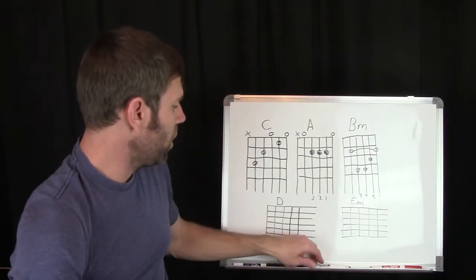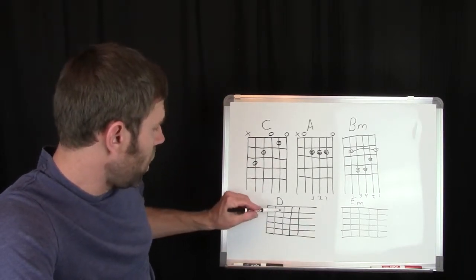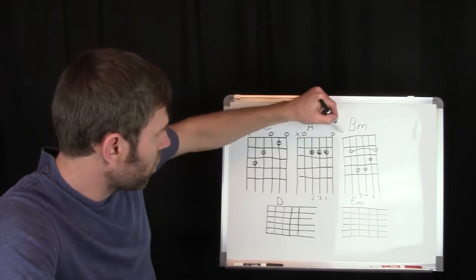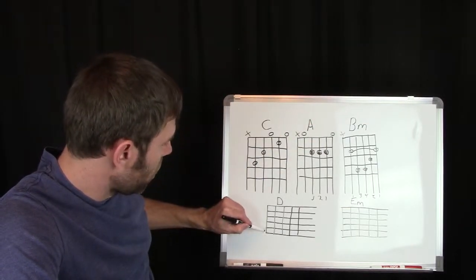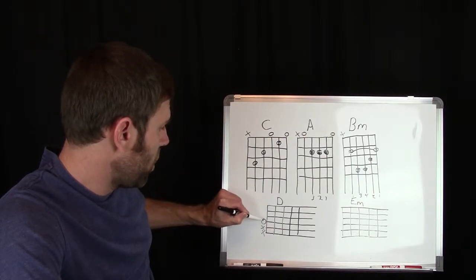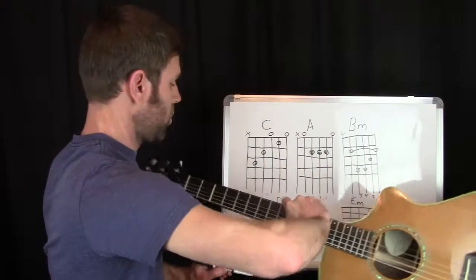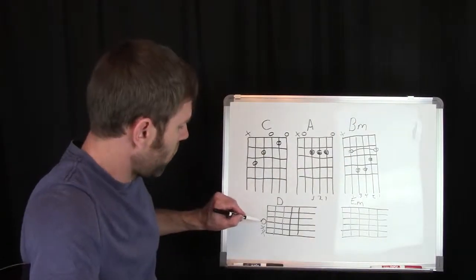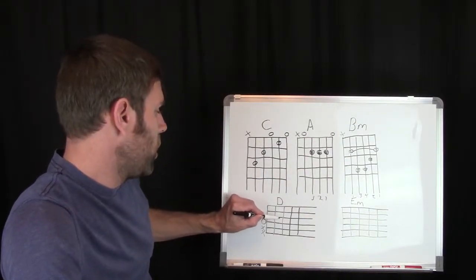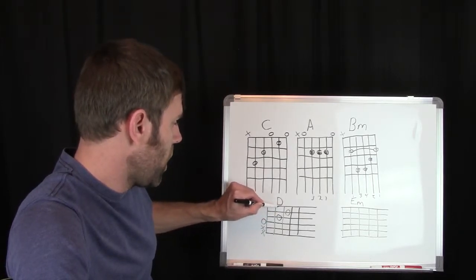And then, of course, if we were to work on our D chord, we'll put an X here. For the D chord we'll do X, X, and we will play the 4th string open, remembering we are looking at it this way. Then we would have a dot here, a dot here, and a dot here.